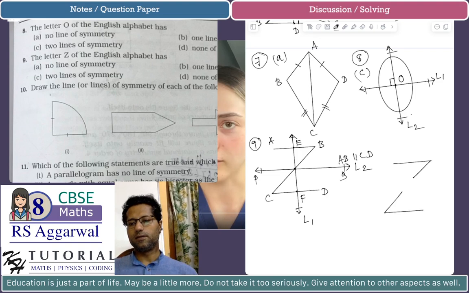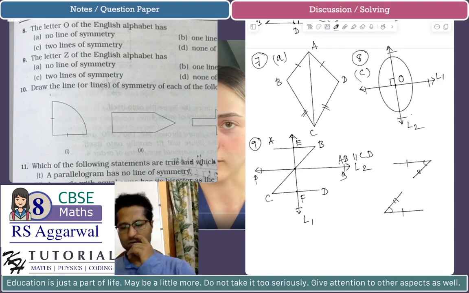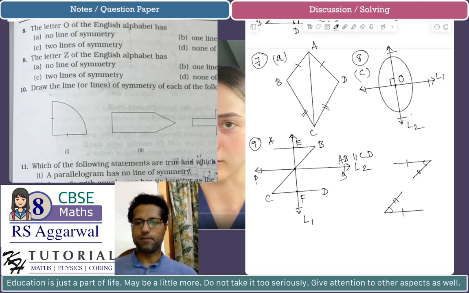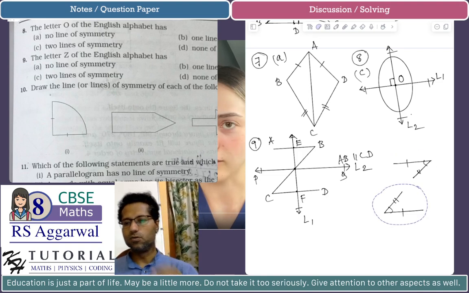So definitely this is equal to this, and this angle is also equal to this angle. So can we say that this figure and this figure are congruent? If they are congruent, then we can say that the line L2 is a line of symmetry of the letter Z.